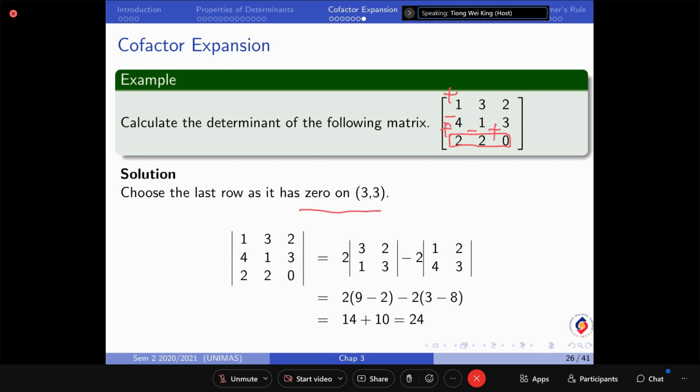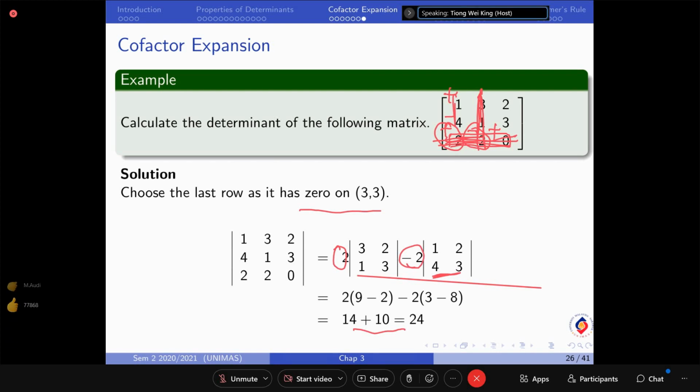So the first one is plus 2. So you have plus 2. Delete, delete. So you have this matrix. And then negative 2, negative 2. Then delete, delete. Delete this. You have this matrix. Simplify, you get 24. Clear? Okay. So that's the cofactor expansion for finding determinant.